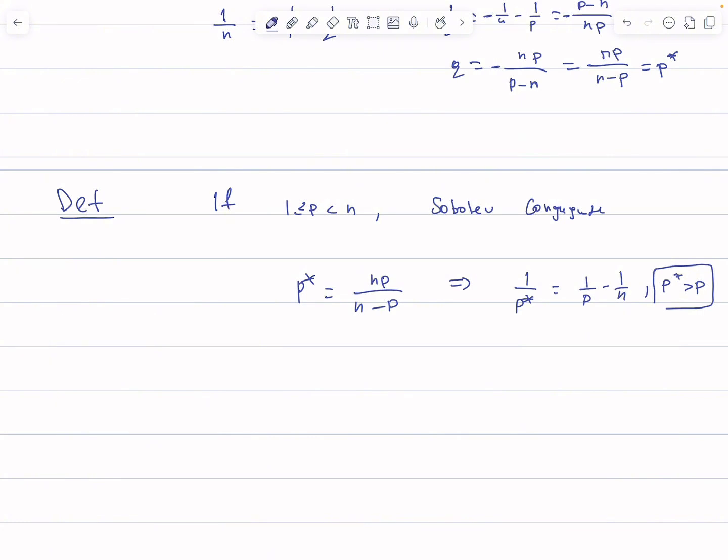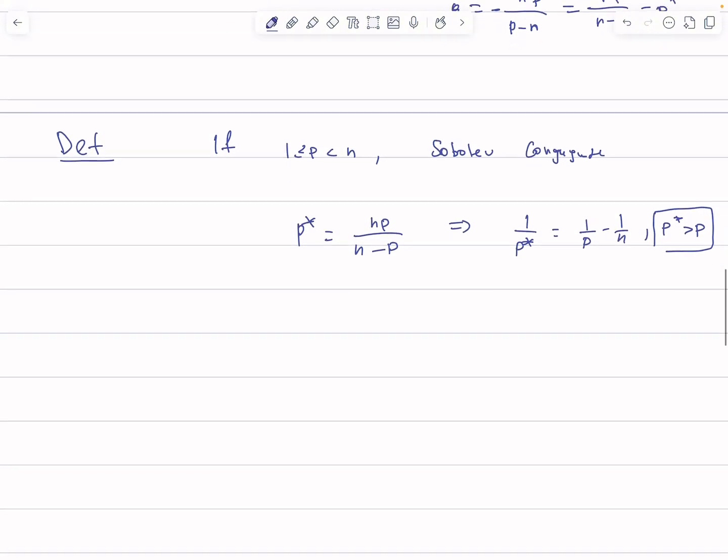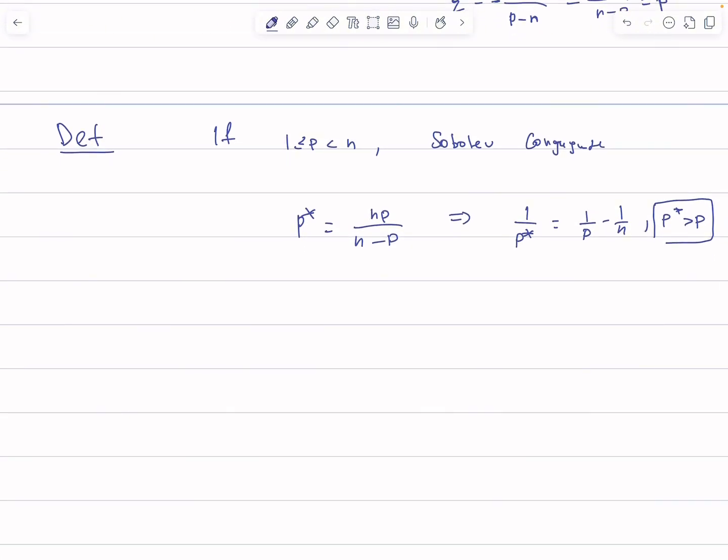So our scaling method shows us that the Gagliardo-Nirenberg inequality is correct only for q equal to the conjugate. Assume p is greater or equal than 1 and less than n.